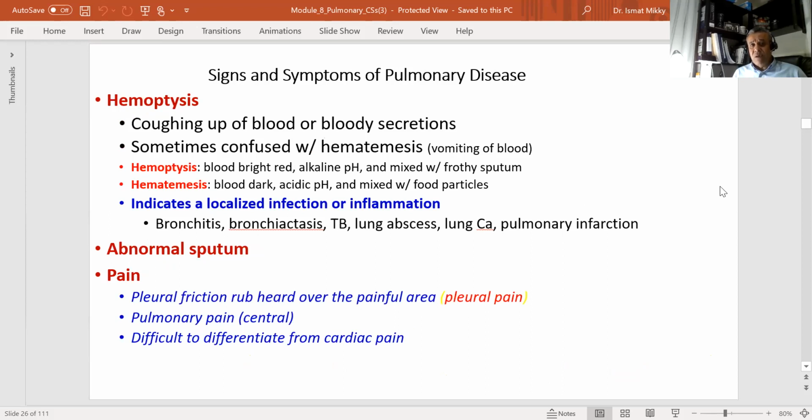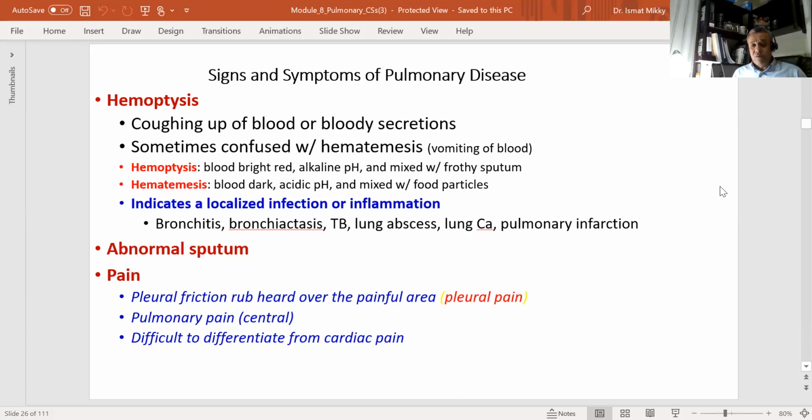Hematemesis is vomiting, vomitus with blood. When the patient vomits bloody vomitus, that is hematemesis. Hemoptysis is coughing up blood or blood secretions. And that's common in patients with pulmonary dysfunctions.